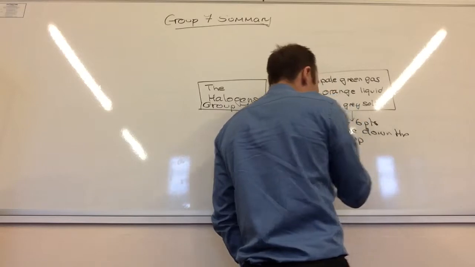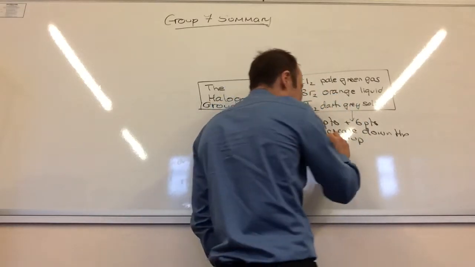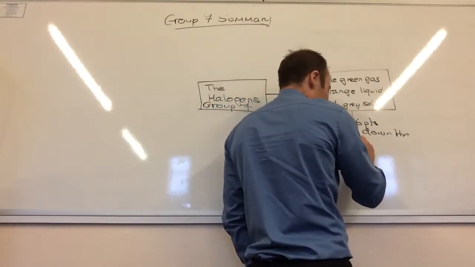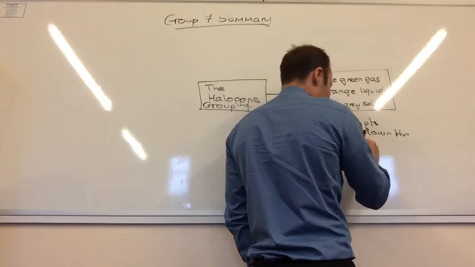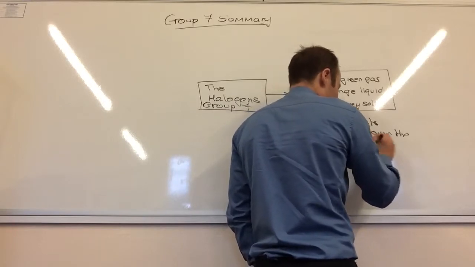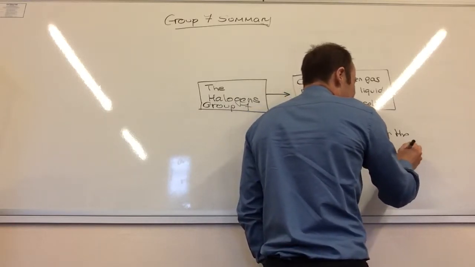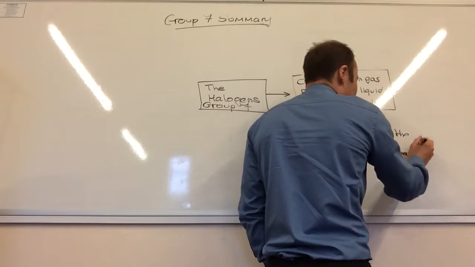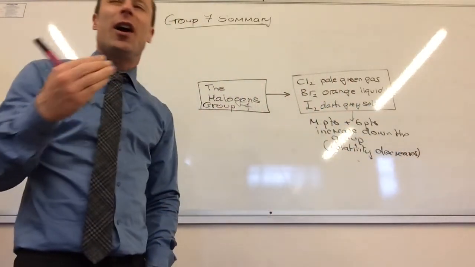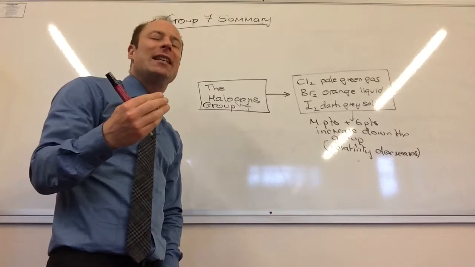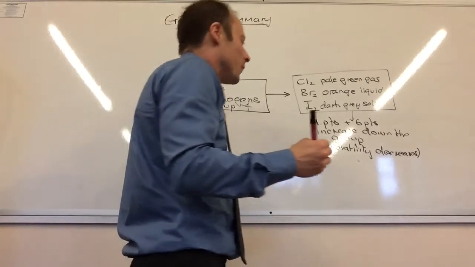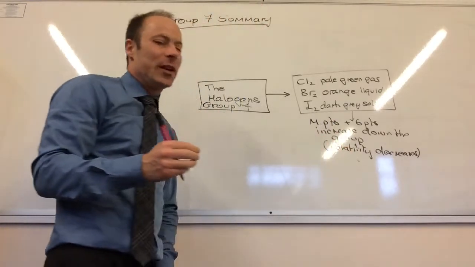Another way of saying that is the volatility decreases. Volatility tells you how easily something boils. If something has a very high volatility, it means that it very easily boils. So volatility decreases as we go down the group.